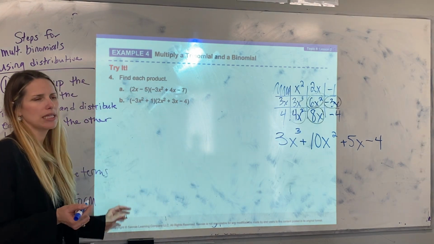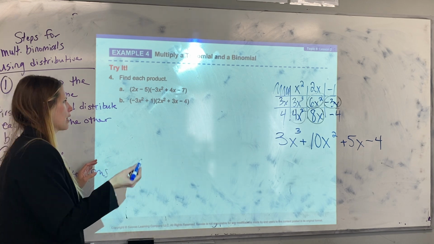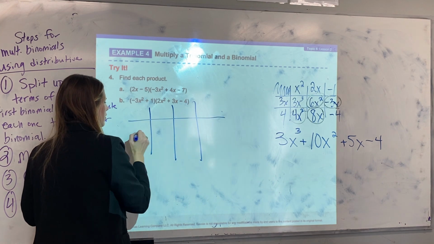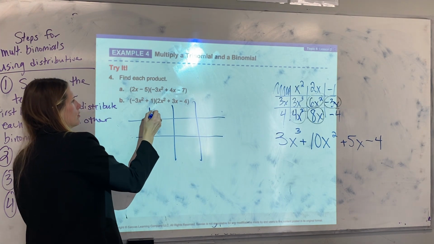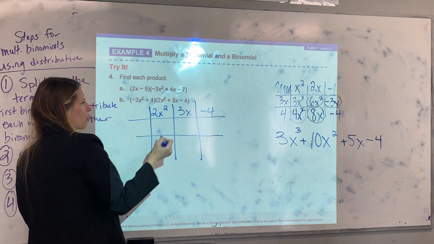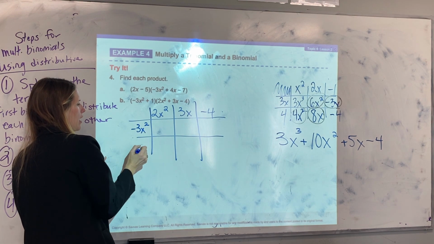Raise your hand if you did not get B right or didn't check it yet. Okay. So we're going to make a table. 2x squared, 3x, and negative 4. It's important to have your terms with their signs. Negative 3x squared and 1.